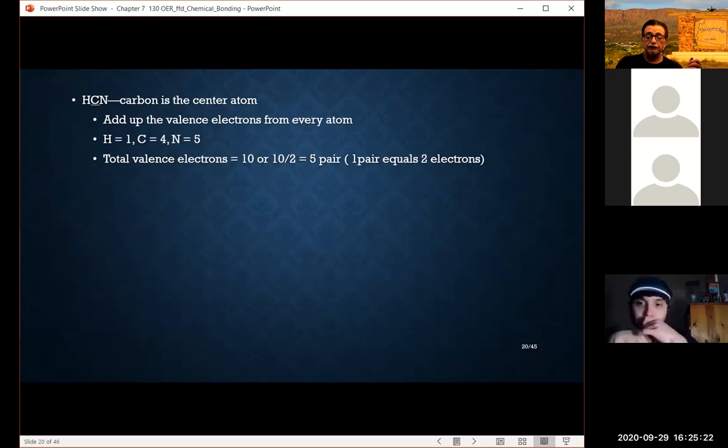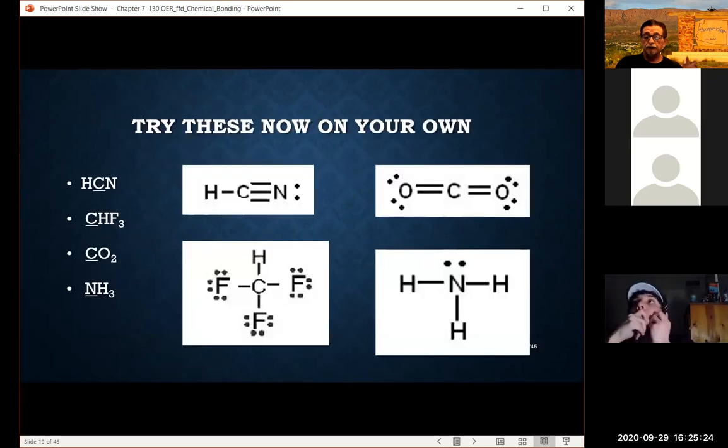Notice if we go back to the formulas, for example, ammonia, that's the one in the bottom right corner, with nitrogen, 3 hydrogens, and the lone pair on the central atom. Its general formula would be AB3E with 1 lone pair.